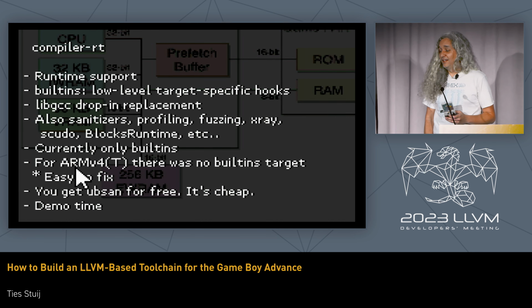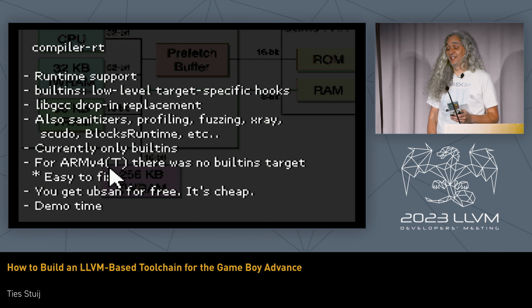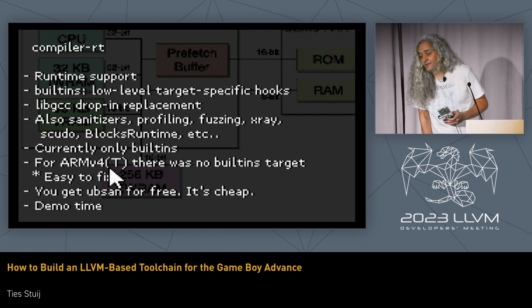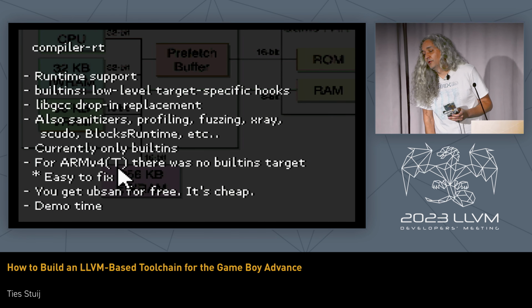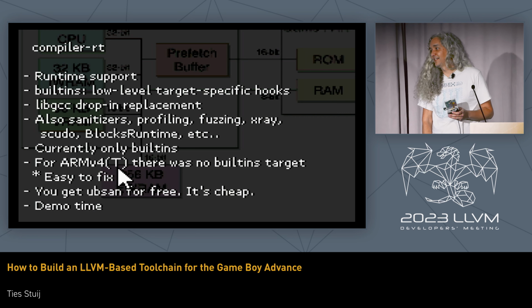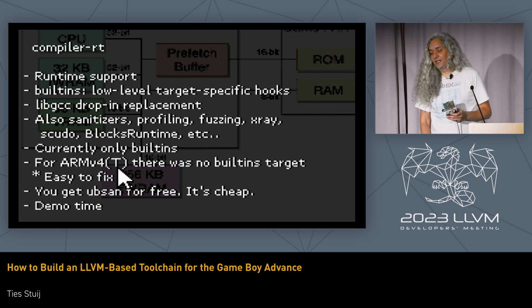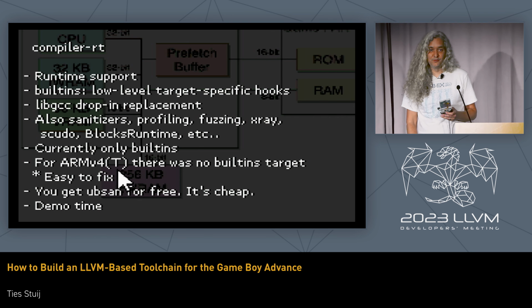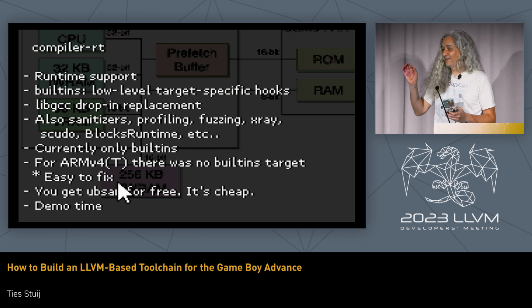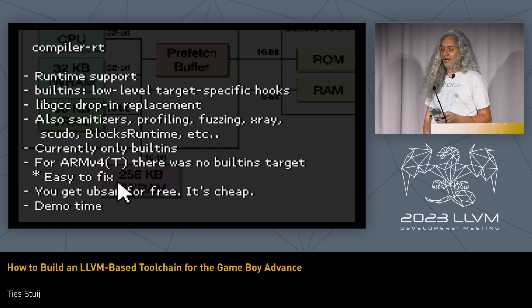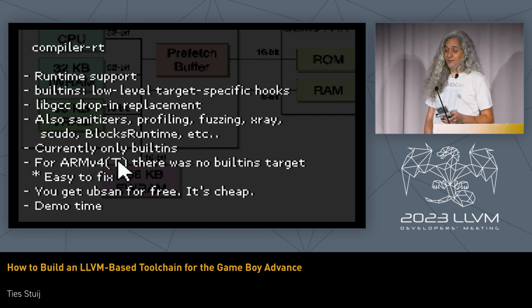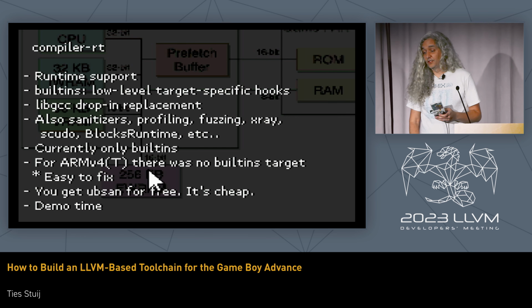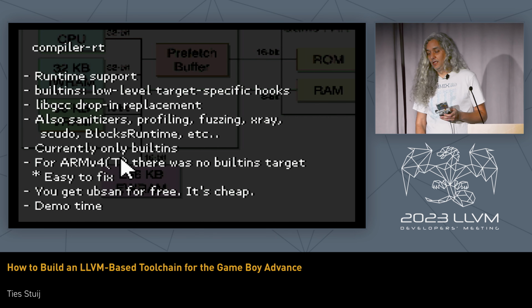For ARMv4T, there was no built-in target. So yes, there was actually a little bit of an issue, but it was easy to fix because compiler-RT built-ins basically means there's a bunch of different files that define things like atomic handling and thumb1, thumb2, that kind of stuff. So it was a question of choosing the minimal set of files for my target, and that was enough. And after that, everything just worked, which is nice.